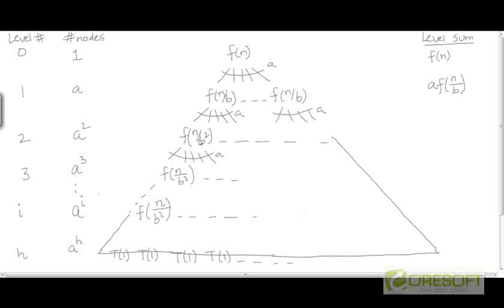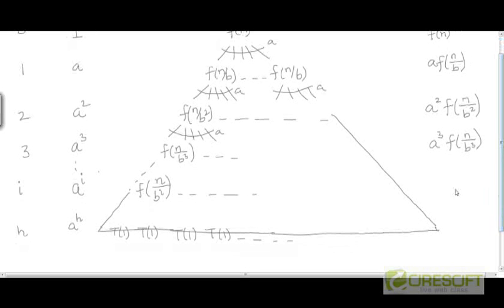At level 2, we have A square nodes, each with a cost of f of n by b square. And so our level sum is going to be A square times f of n divided by b square. At level 3, we have A cube nodes, each with a cost of f of n by b cube. The level sum will be A cube times f of n by b cube.